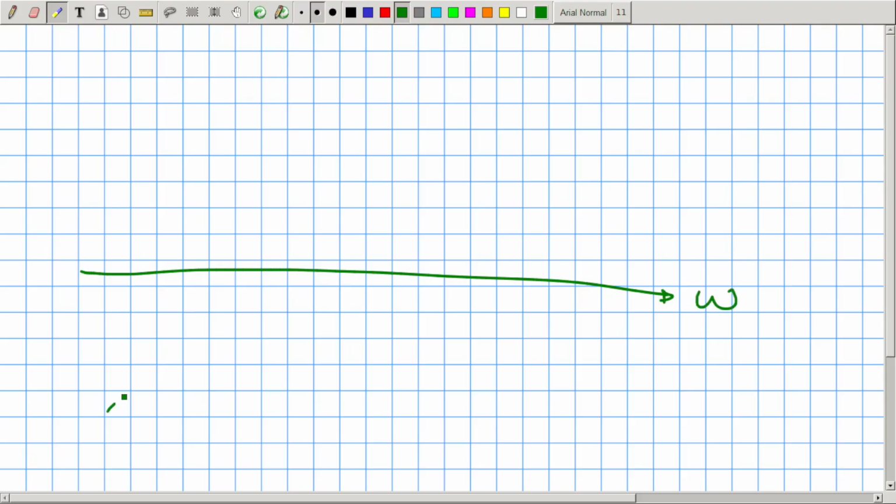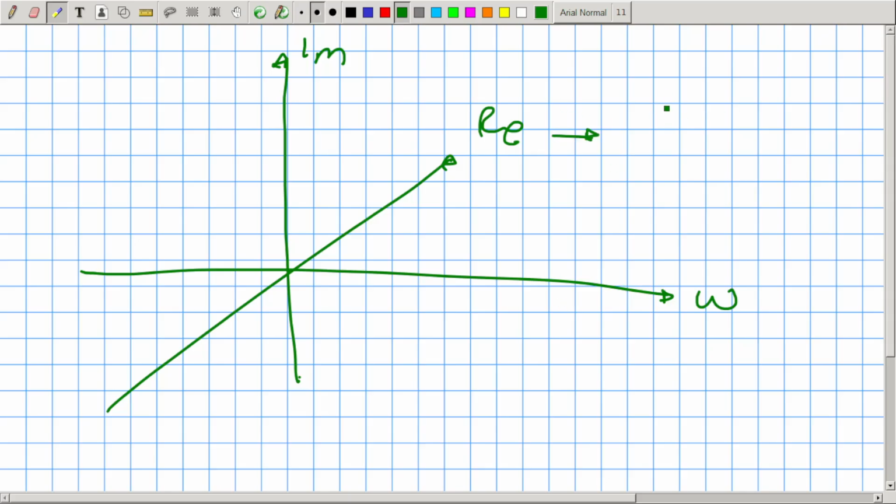Omega, real part, imaginary part. This one is what? It's my integral of f cosine omega t. And this is j integral of f sine.